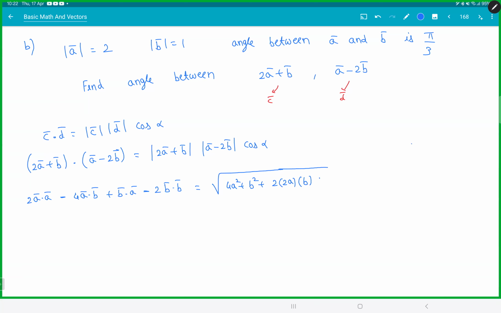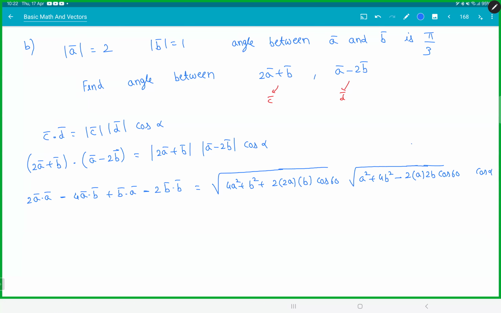Check your calculations. This is root over A square plus 4B square minus 2 into 2B into A into 2B into cos 60, into cos alpha.